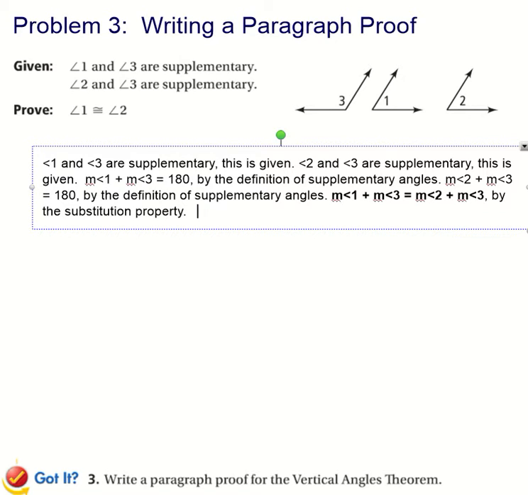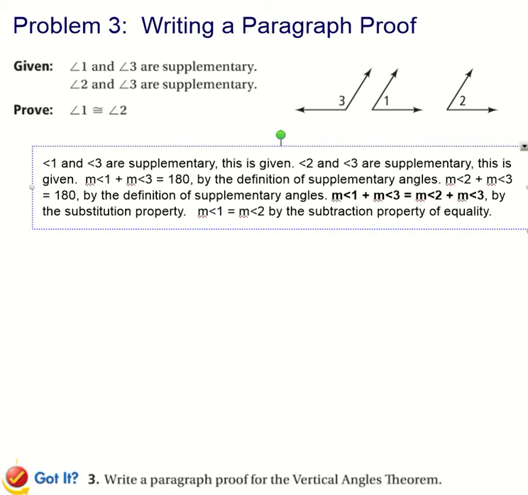So if we get rid of that from both sides, we can use the subtraction property to say that the measure of angle 1 equals the measure of angle 2, by the subtraction property of equality.